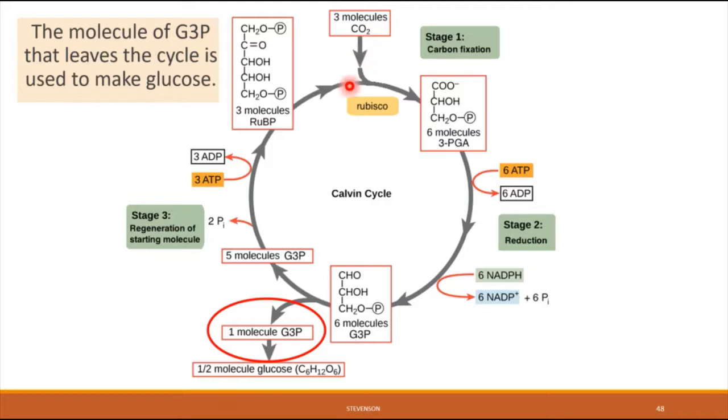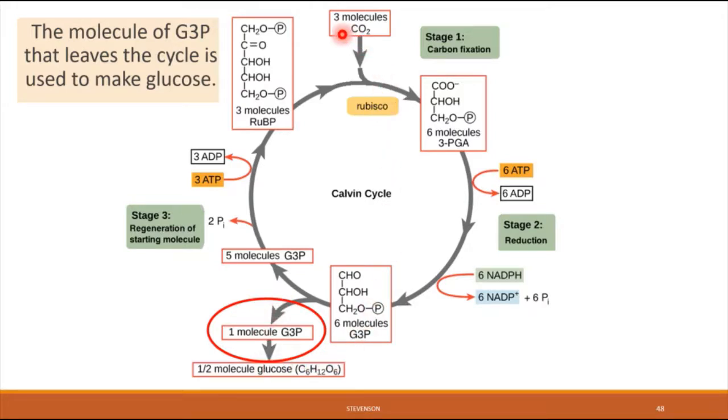Each molecule of CO2 attaches to a molecule of RuBP, and then each of those 3 splits to make 6 molecules of 3-PGA. Each of those 6 becomes a molecule of G3P, and then out of those 6, 5 go back into the cycle to remake 3 molecules of RuBP, the amount that is needed to collect another 3 CO2, whereas one of them gets to leave the cycle.